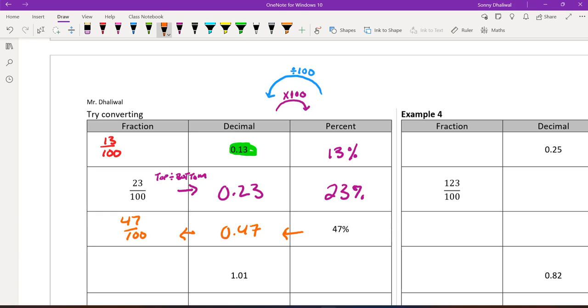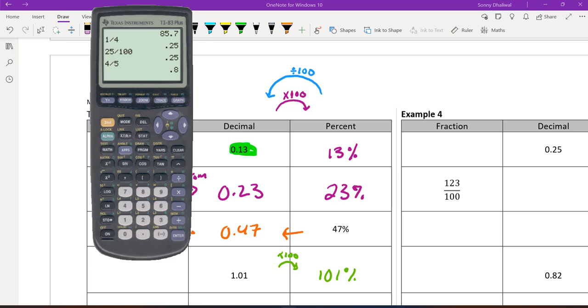If it was just a decimal, you just convert the decimal into a percentage. This has a whole number in front of it. It says more than 100. And remember, you could always multiply it by 100 to go in this direction. You go 1.01 times 100. Yeah, 101.